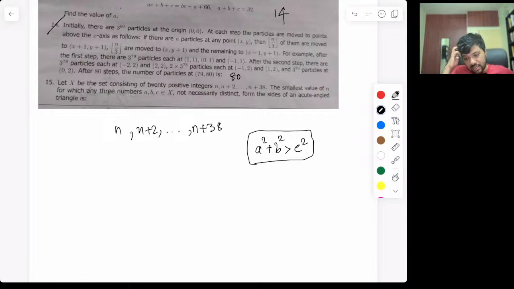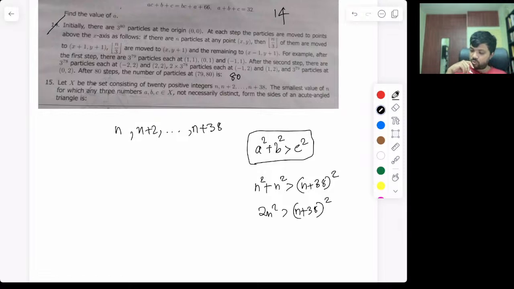So when is that guaranteed? Say you took the smallest 2 sides, n square and n square, and n plus 38 square, the largest possibility. When is 2n square greater than n plus 38 square? I think always true, most likely, right?